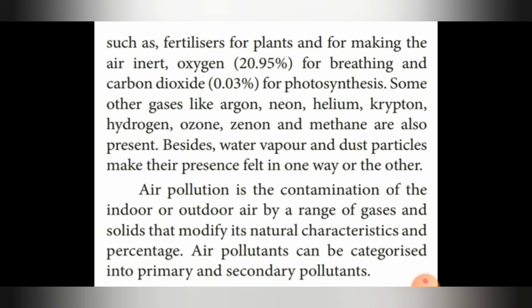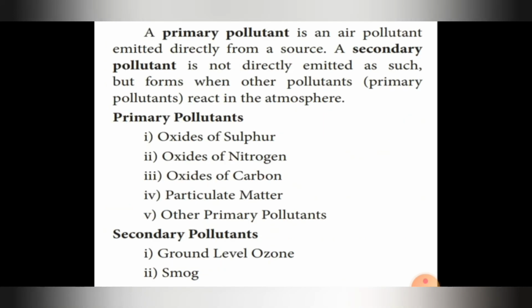Air pollution is the contamination of the indoor or outdoor air by a range of gases and solids that modify its natural characteristics and percentage. Air pollutants can be categorized into primary and secondary pollutants. What is a primary pollutant? It is an air pollutant emitted directly from a source.